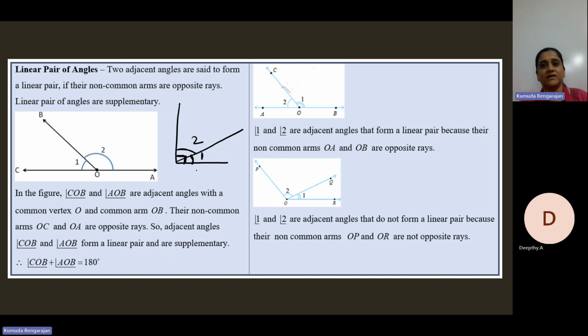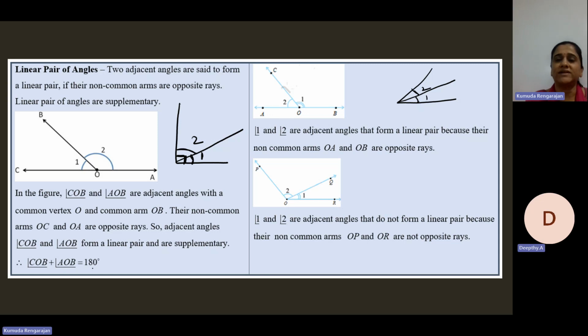Angle 1 plus angle 2 is 90 degrees. Adjacent angles can be complementary, and adjacent angles can be supplementary. See like this, angle 1 and angle 2 are adjacent angles, but their sum is less than 90.